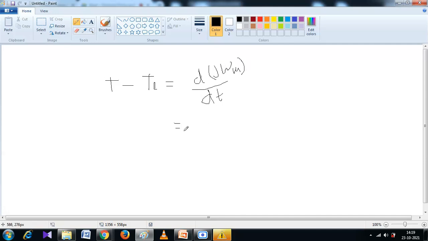Normally J is constant, so this equation becomes T minus TL is equal to J d/dt of omega m.